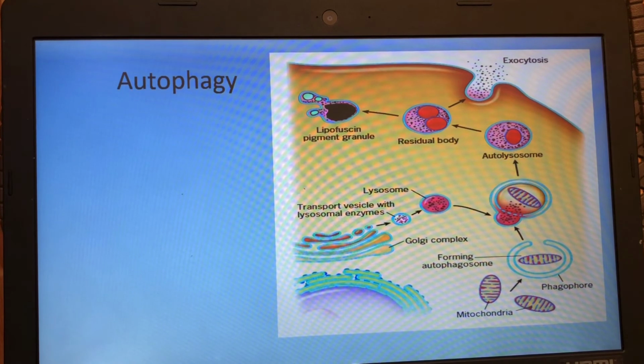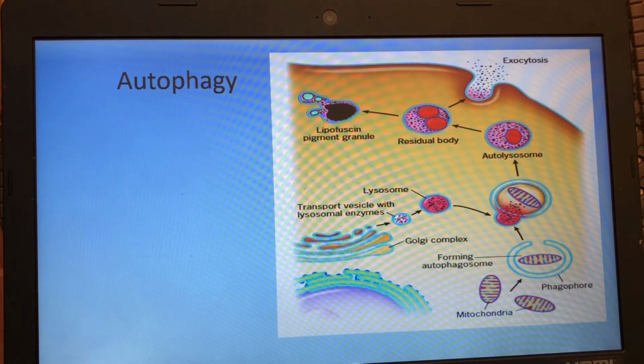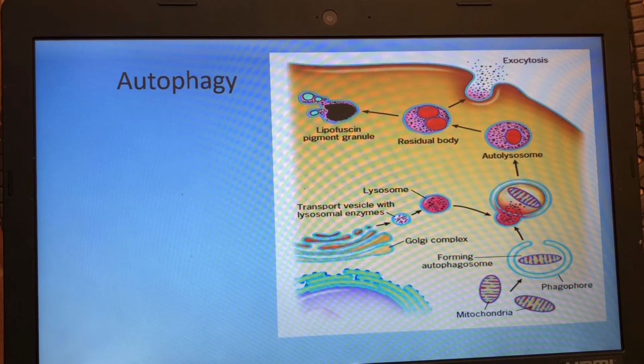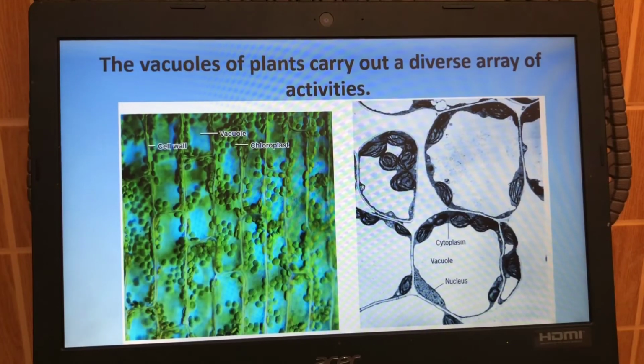Once formed, the outer membrane of the autophagosome fuses with the lysosome, generating a structure called an autolysosome, in which both the inner membrane of the autophagosome and the enclosed contents are degraded. The products of these degradative reactions are made available to the cell.